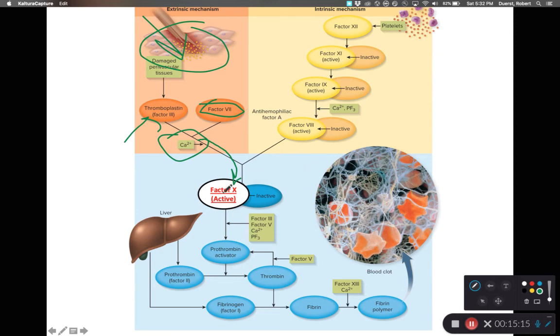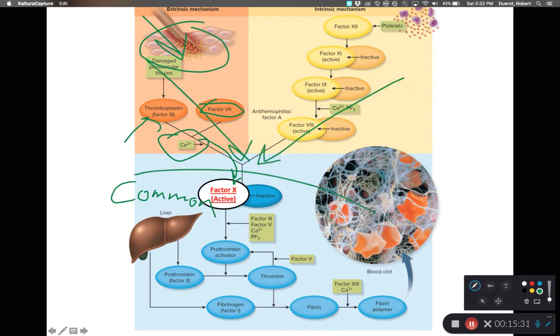Factor 5 is the first clotting cascade factor of, actually I'll write it out here, of the common pathway. Both the extrinsic and the intrinsic pathways feed into the common pathway.